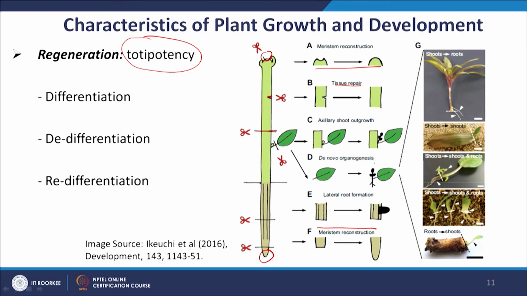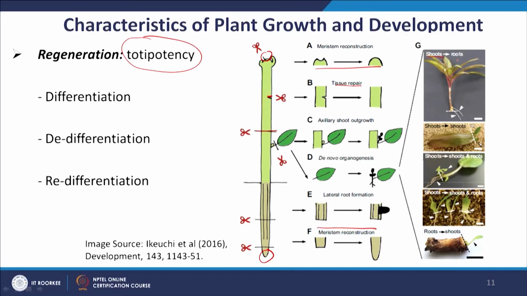Another very important thing is de novo organogenesis. This is a property of the plant cell. If you take any part of the plant, which we typically use in tissue culture and call an explant, there is a genetic program through which you can generate a full plant or plantlet.